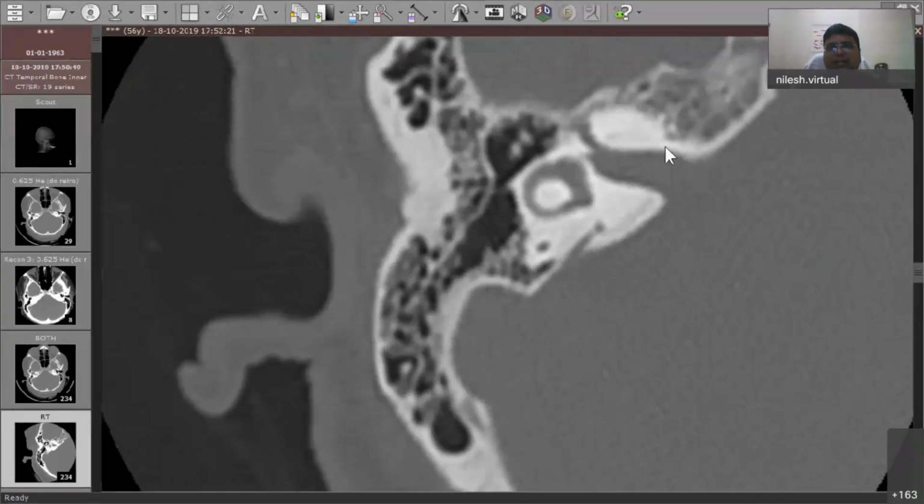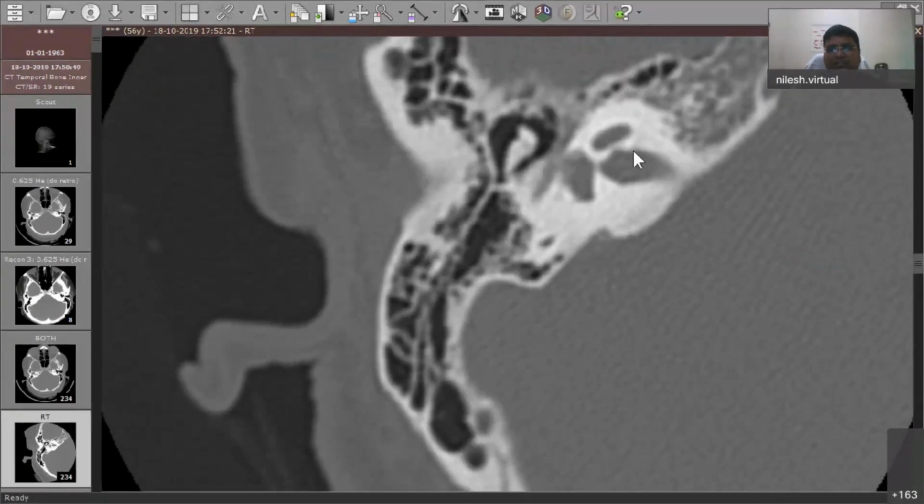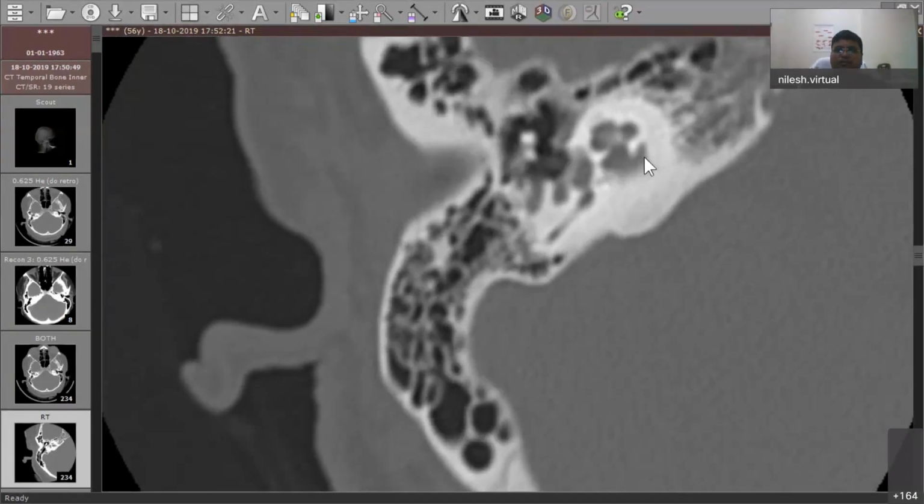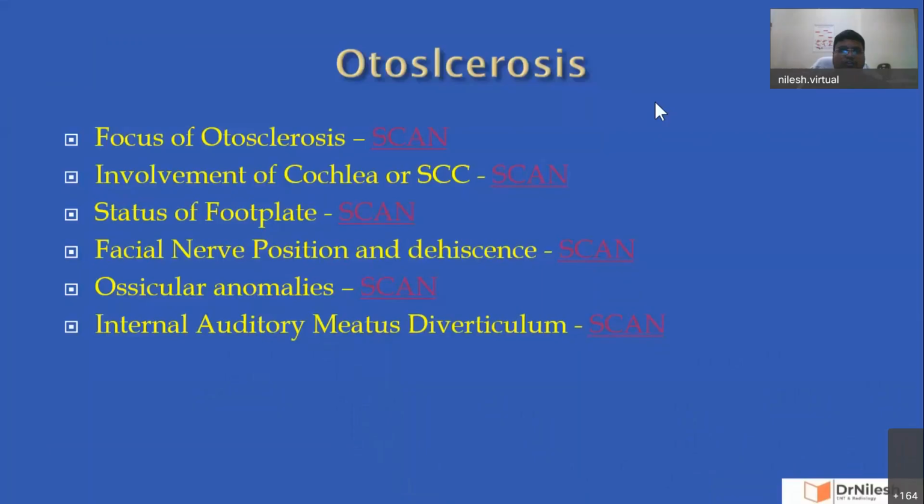Keep looking at the anterior-inferior part of the internal auditory meatus. This is the basal turn of cochlea, and again you are seeing the diverticulum from the internal auditory meatus in the anterior-inferior part of the internal auditory meatus. So this is also a case of IAM diverticulum.